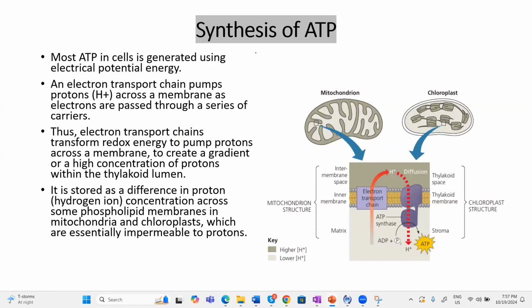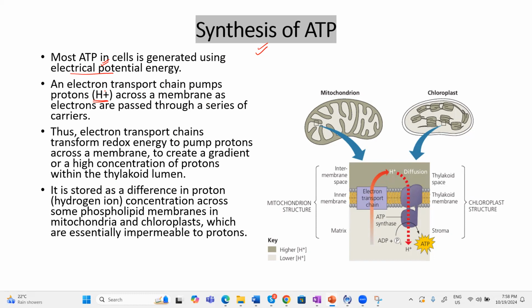Now see, in the synthesis of ATP, both mitochondria and chloroplast use electrical potential energy to generate ATP. What does electrical potential energy mean? Electrochemical gradient. In the electron transport chain, which works in both mitochondria and chloroplast, they accumulate protons and create a gradient.